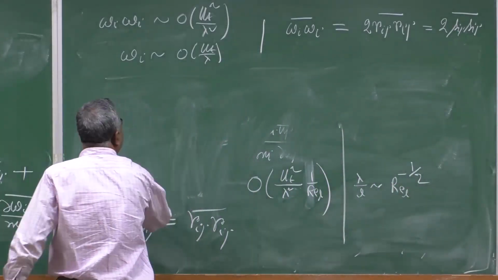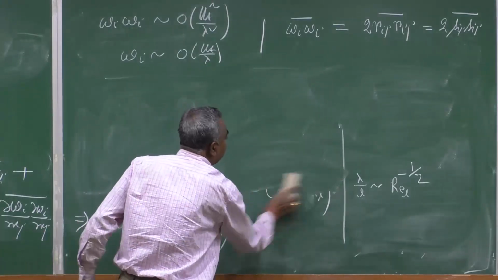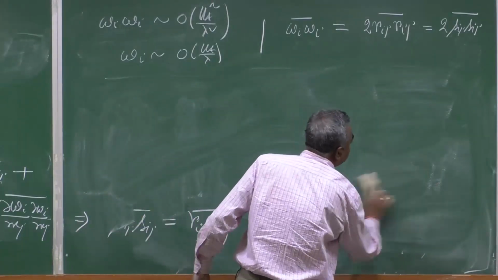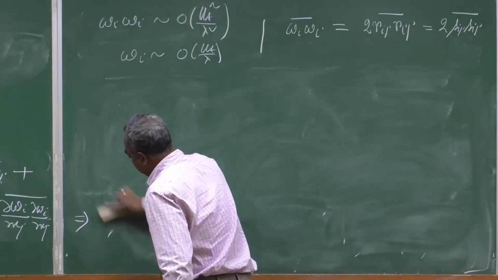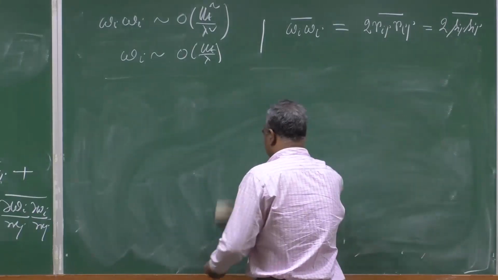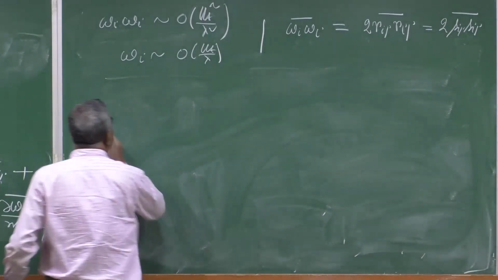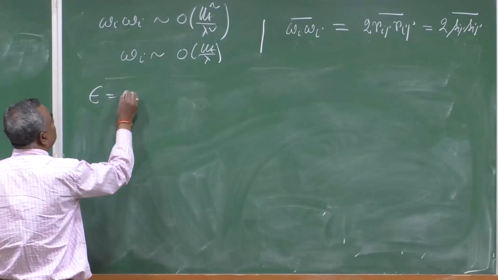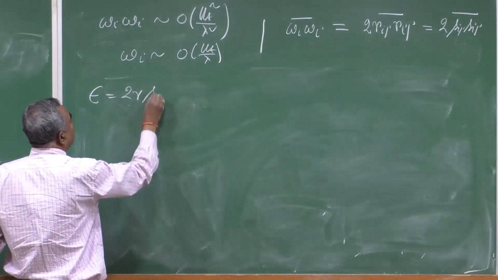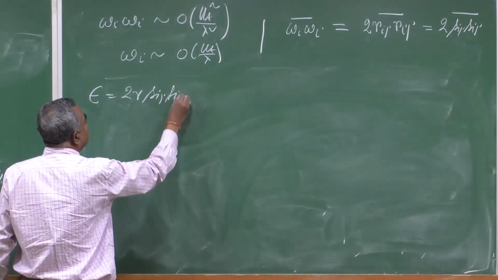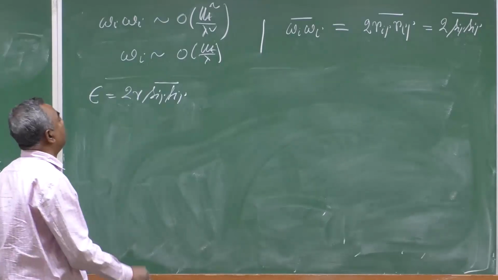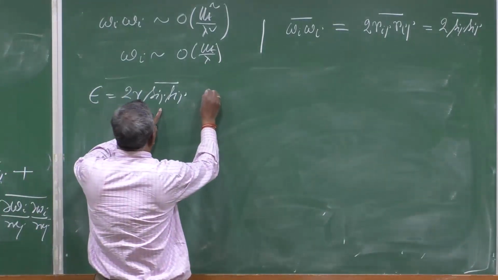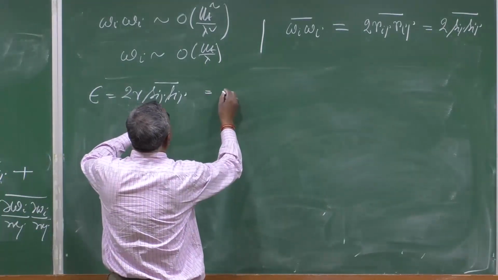Okay. So, another interesting point to note here, we know the dissipation epsilon is equal to twice nu S_ij bar. Okay. Twice S_ij bar is equal to what?